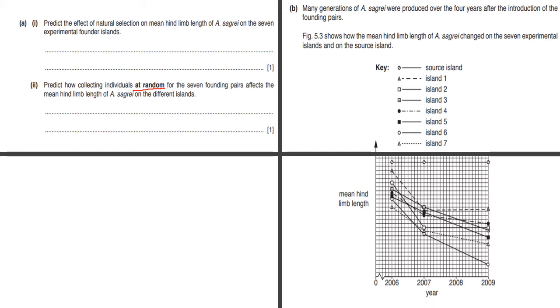When you collect individuals at random, that increases their allele frequency. And if allele frequency is increased, then there'll be a high variation. So here you can simply say that the mean hind limb length would have a high variation, or it will vary, and that should give you 1 mark there.